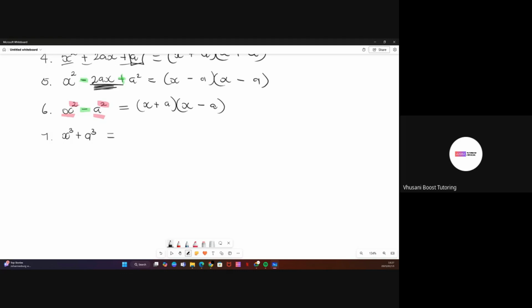just always use these certain steps, right? Always use these certain steps. Open a small bracket and open a big bracket, right? This is always going to be the case. If you see your expression like this, x to the power of 3 plus a to the power of 3, or a number to the power of 3 plus a number to the power of 3, open a small bracket and open a big bracket.